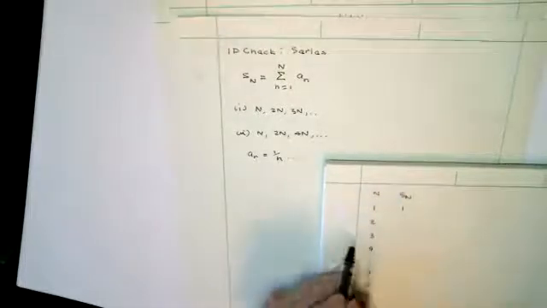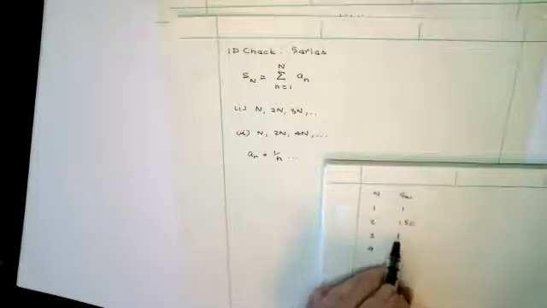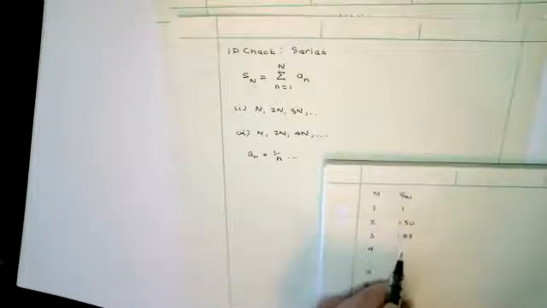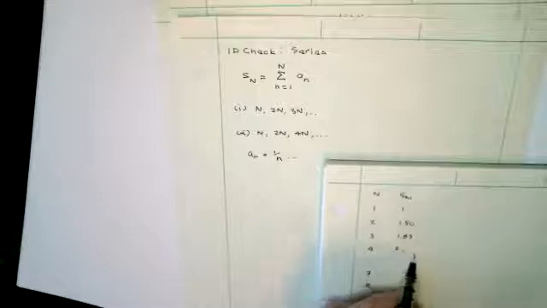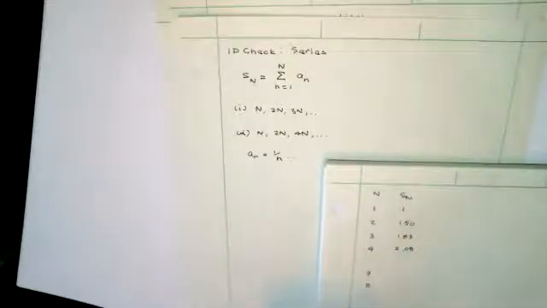Or just 1, it's 1. 1 plus a half is 1.5, and so on, 1.83, 2.08. And if you keep on doing it, you get 2.59 and 2.72.